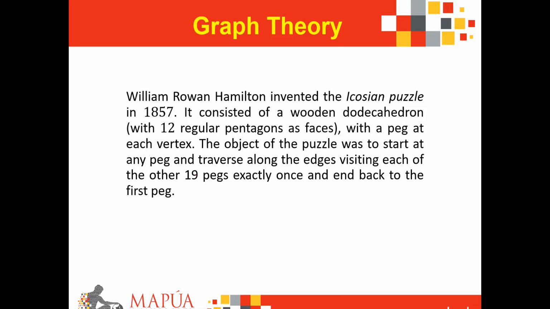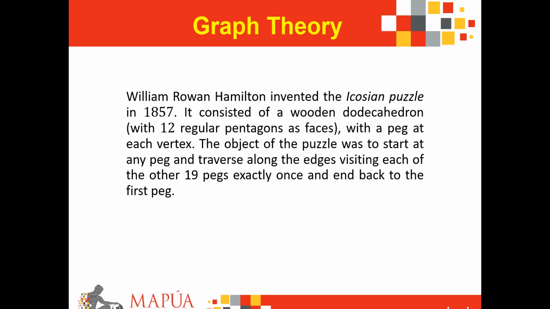One of the more familiar cycles and paths was the one invented by Sir William Rowan Hamilton, which he devised in order to solve what you call the Icosian puzzle. An Icosian puzzle basically is a wooden dodecahedron whereby you end up with 12 regular pentagon faces and a corresponding peg at each vertex.